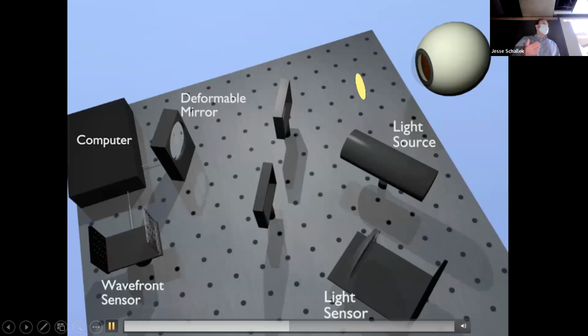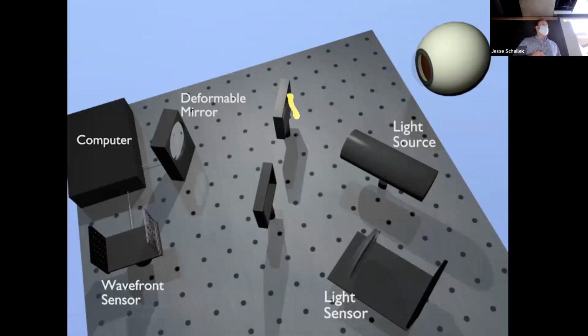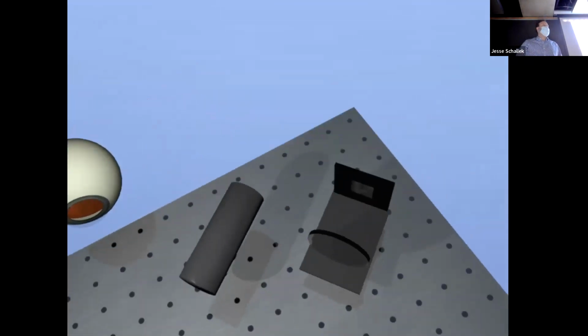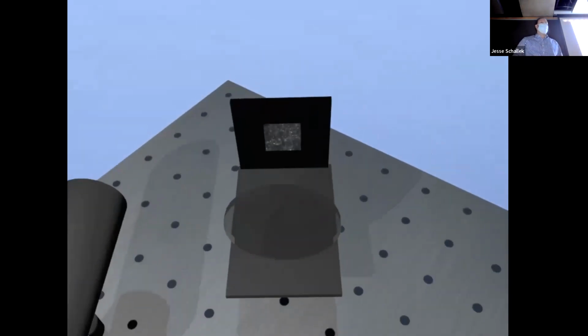Finally, then you'll see the light comes into the eye after we have the aberrations corrected. We're able now to use a different wavelength of light so that we can image the structures of the back of the eye. As this light now comes out of the eye, we're able to get a distortion-free image, or an aberration-free image, of very detailed structures of the back of the eye.